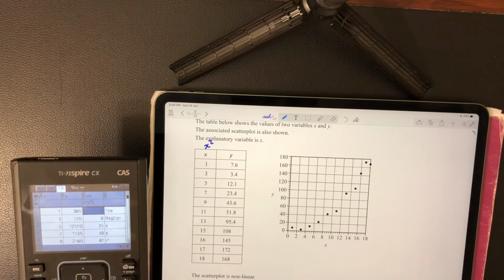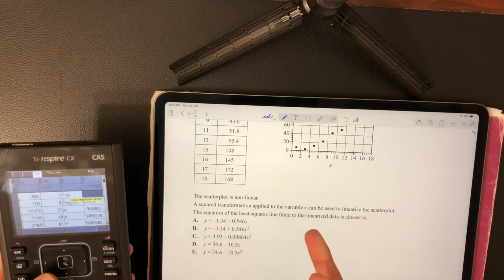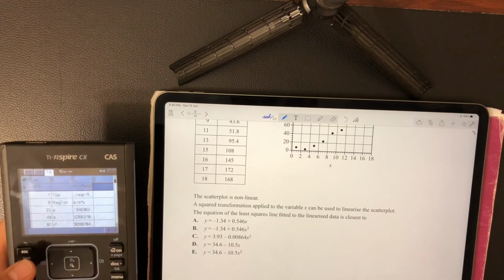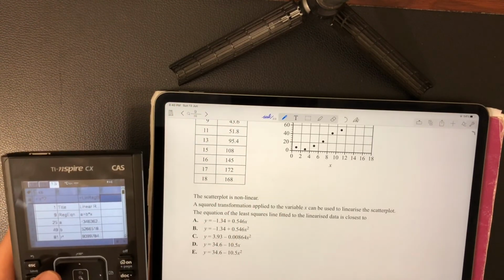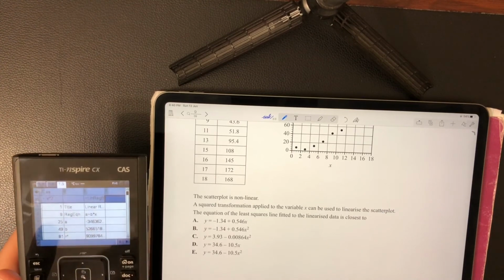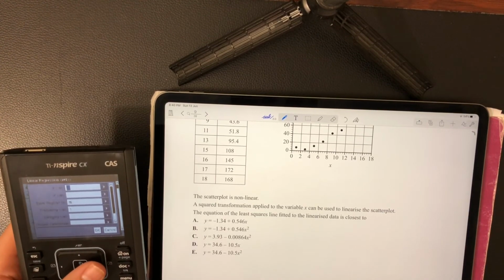So now we just have to find the equation of the least squares line fitted to the linearized data. So basically, go into one of the second rows in the spreadsheet and hit menu, 4 to find the least squares regression line.